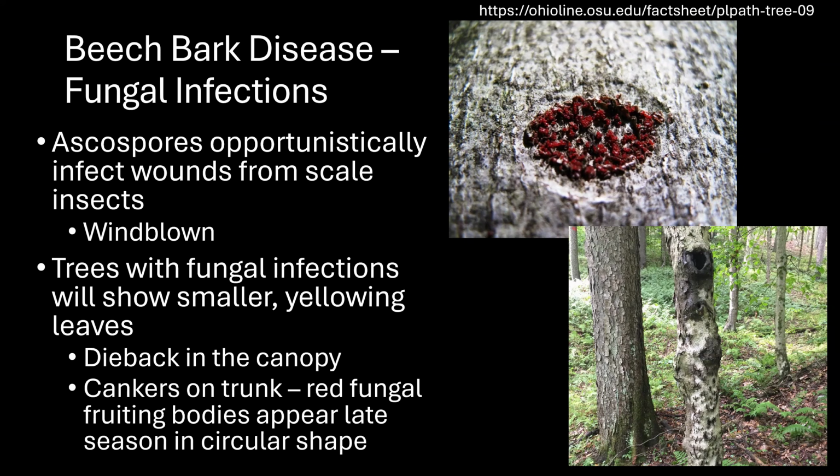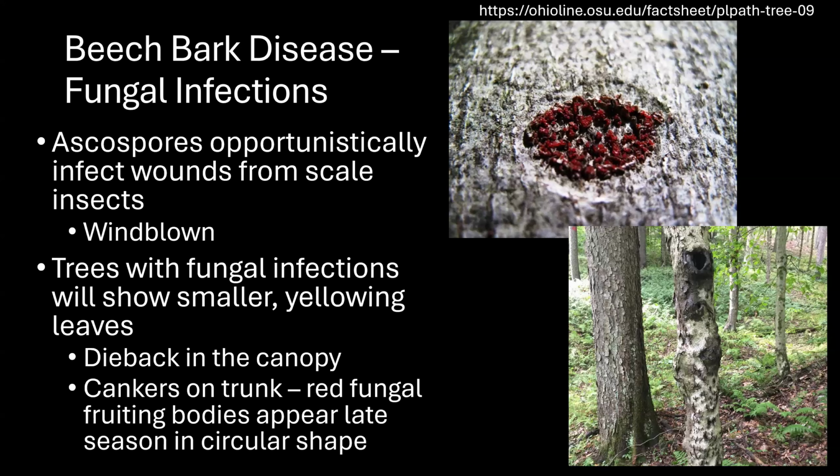They can easily be windblown and find their way to these trees if they're around. And these type of sexual spores are what we call ascospores. And with ascospores, they are what we refer to as being opportunistic, meaning that they can infect the wounds done by the scale insects.